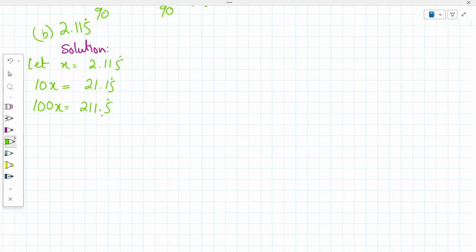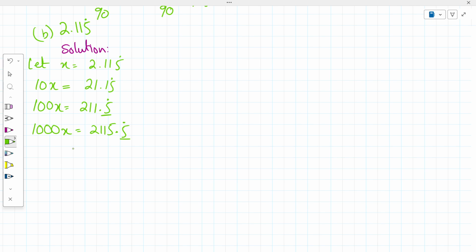Now we see there is no repeated 0.5 in any above value, so we go further: 1000x equals 2115.5 recurring. As we see that one digit of the recurring value is out of the decimal, here we stop now. Now this 0.5 and this 0.5 will be subtracted out. I hope you understand. It is all about the previous lectures.